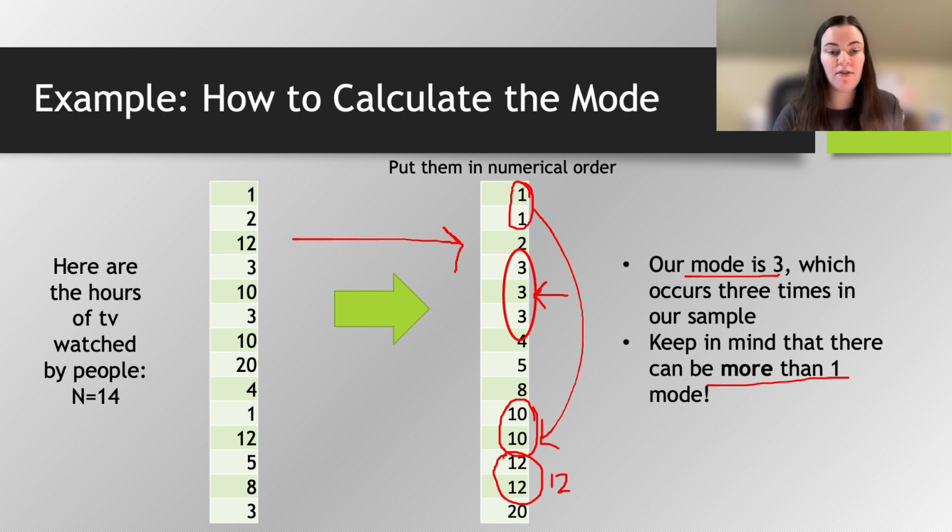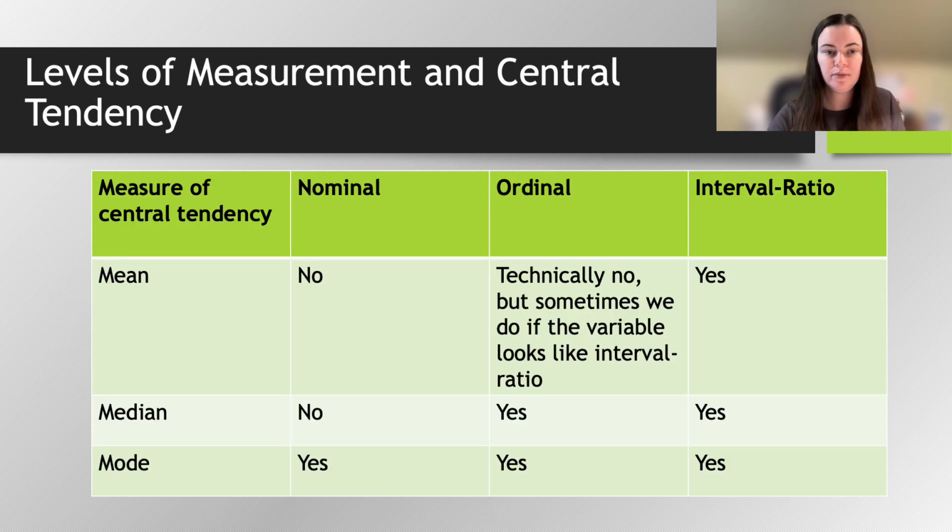And I'd also have a mode value of 12, because I also had 3 students report that they watched 12 hours on average of television per week. There could also be a scenario in which we don't have any mode. If all of these observations were different numbers and values, so we didn't have anyone matching up, it is possible to not have a mode within your data set, especially when we're using smaller sample sizes.